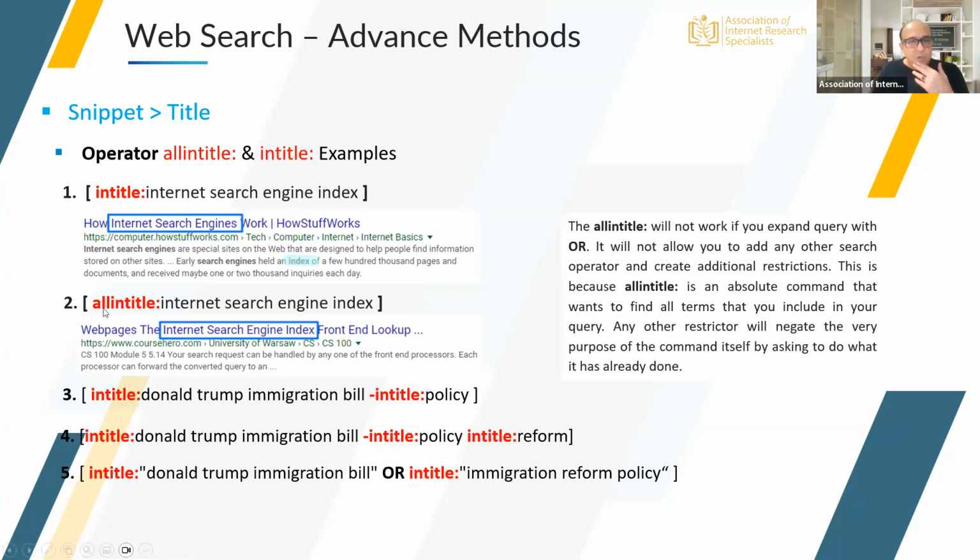If we want to use all in title instead and we write all of these same words, it will bring all four words in the title part or in the title statement. Okay, it's just that all in title means include all of these words in the title part.